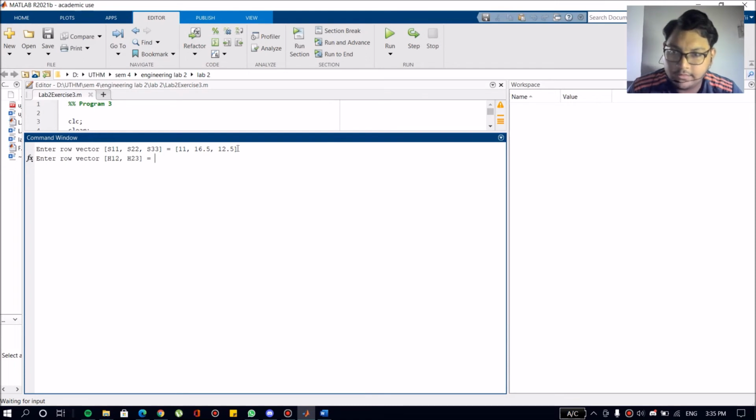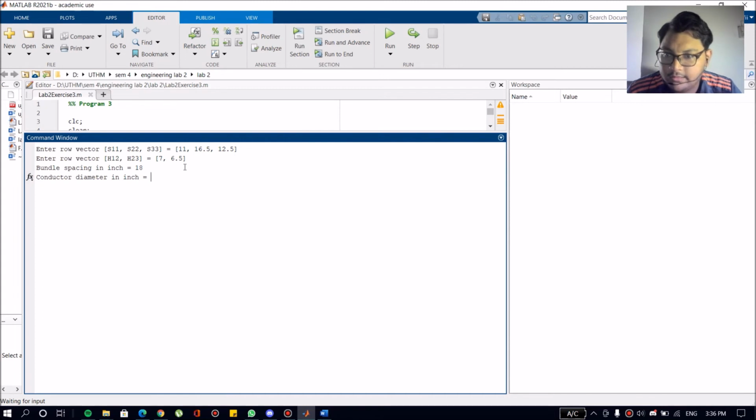We press enter, and then it shows that I have to enter the row vector for H12 and H23. The value for H12 is 7, and the value for H23 is 6.5. Then I press enter, and it asks me the bundle spacing in inches, which is 18.